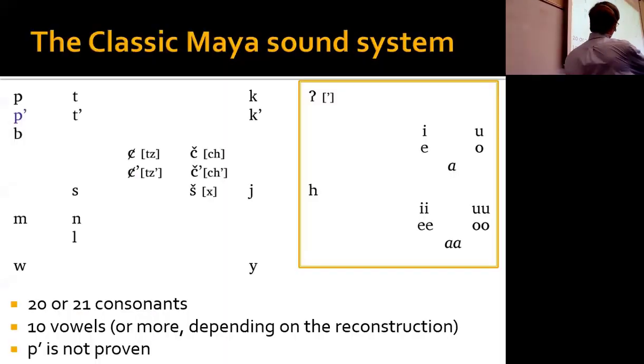Now, this is the basic composition of the Maya sound system from the classic period. The only big point of disagreement between scholars who reconstruct Mayan languages is the vowels. So in this version, you have short and long vowels, very much like in English. And very much like in English, those are meaningful distinctions.